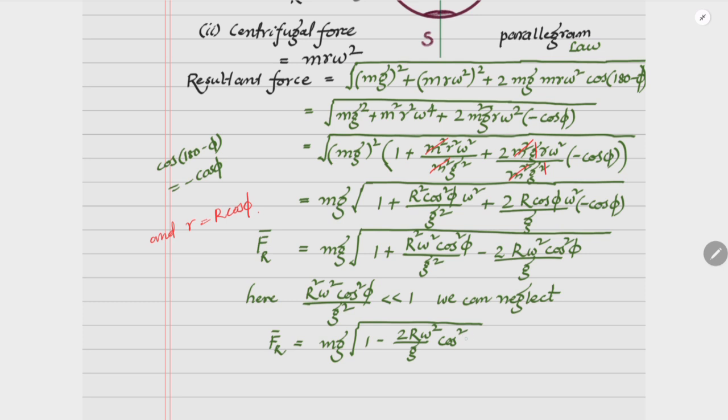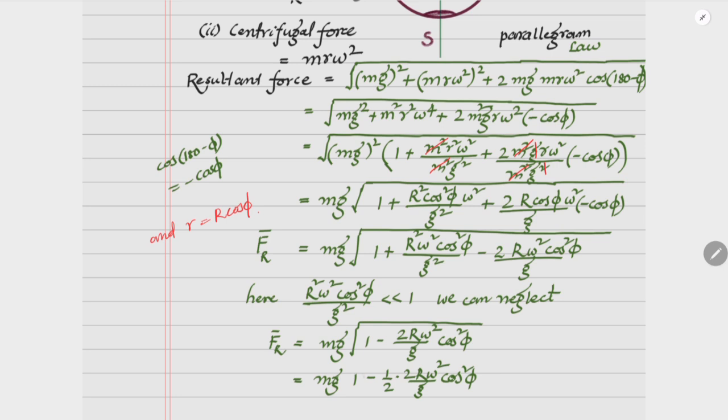Again here we can use the binomial expansion, because it is 1 minus x whole power 1 by 2, and x is very small compared with 1. So we take power 1 by 2 and only the first term, since the higher order terms will be negligible.